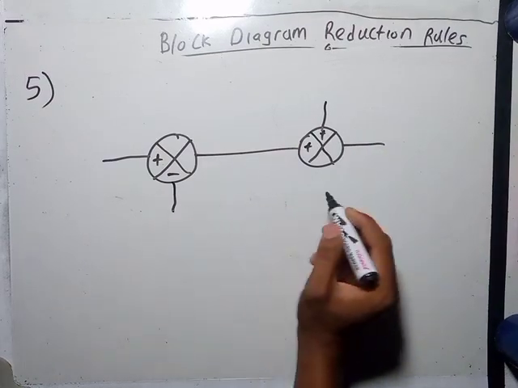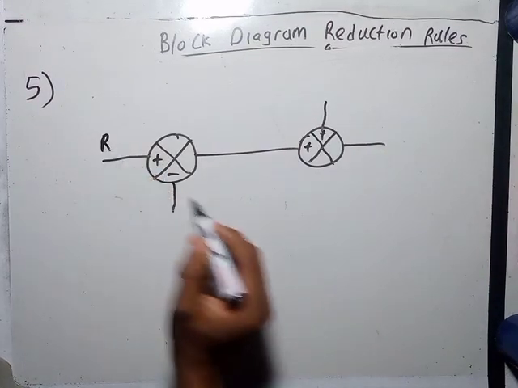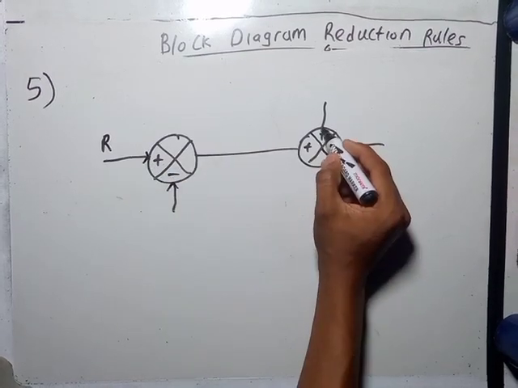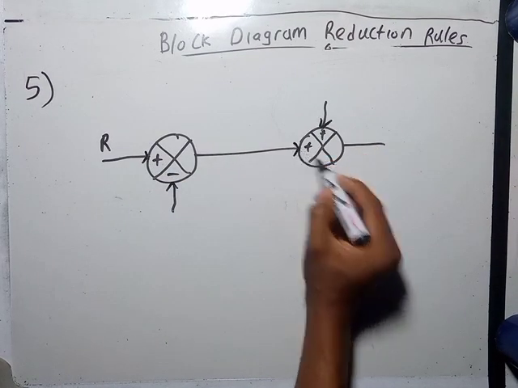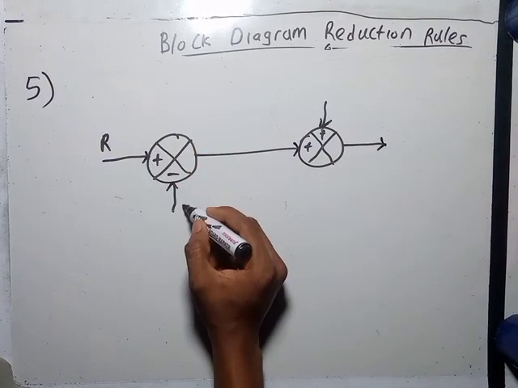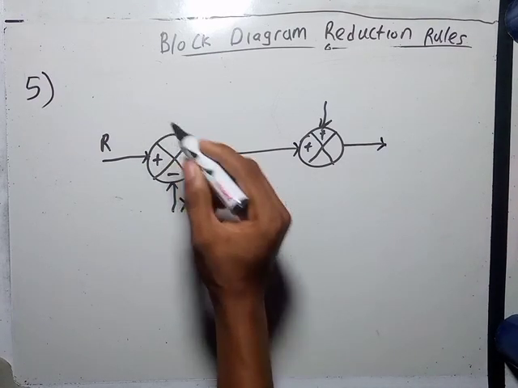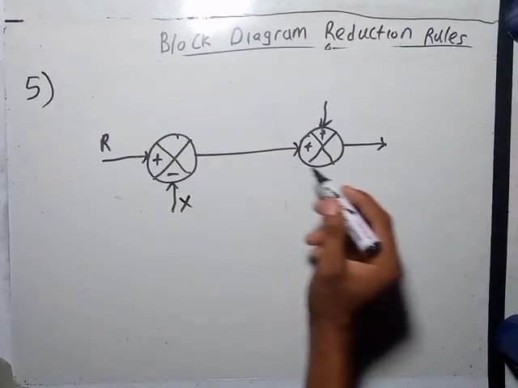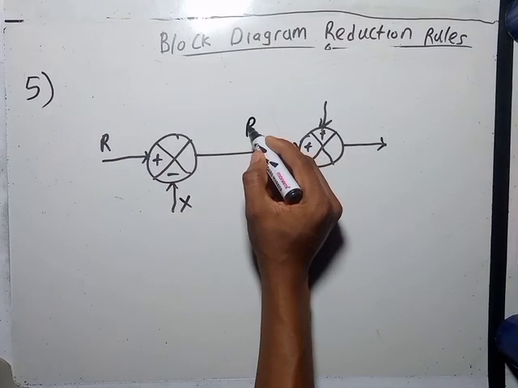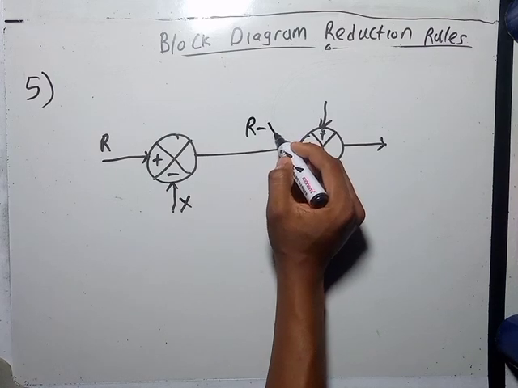So let's say that this is our input and here's another input coming into this. Okay, at this place we have R minus what?